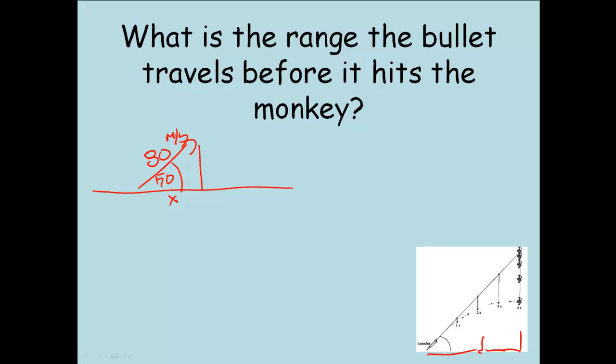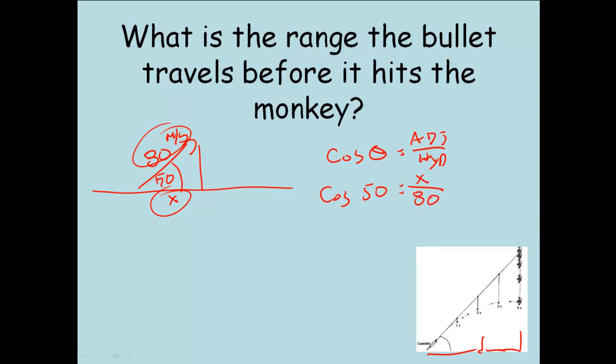We know that we're dealing with the hypotenuse and an adjacent side, so it's the cosine of the angle equals the adjacent side over the hypotenuse. The cosine, we know the angle is 50, equals the adjacent side, some unknown, divided by the hypotenuse, which is 80. And when you solve that, what do you get?